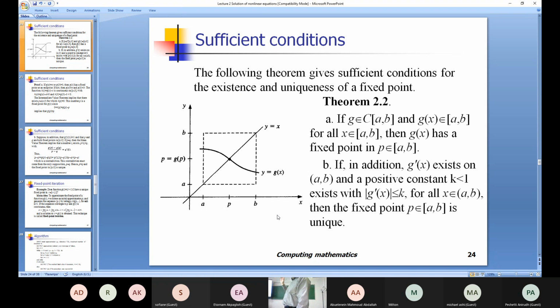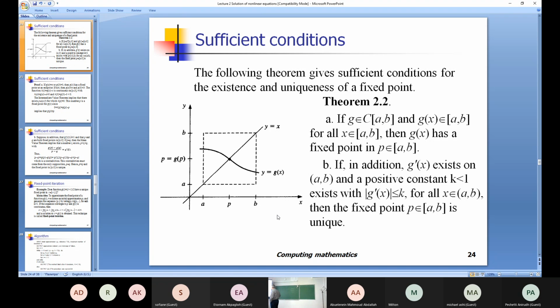Here is the proof of this theorem. I think we can skip it. I just try to explain the meaning of this theorem. And I ask you to make some notes about it, because not all information is written on the slide. Of course, all the information you can take from the books that I send you.